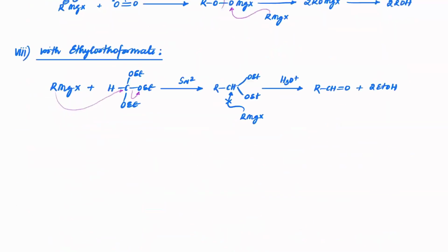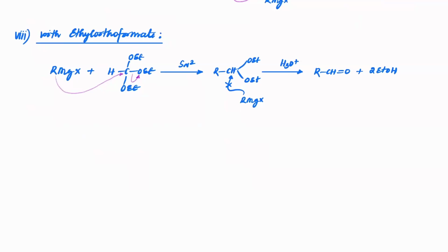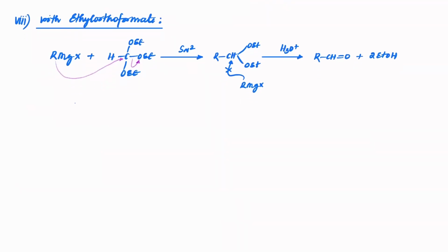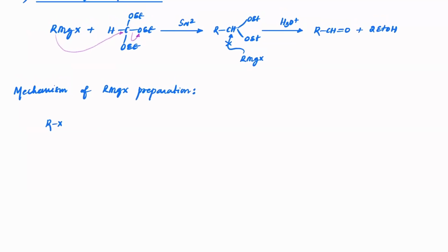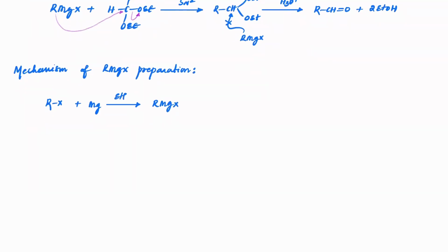Yeah. Now, usually when you make the preparation of Grignard's reagent, what is the mechanism that it goes through? Mechanism of RMgX preparation. So check out. If you have RX and react this with Mg, you will get RMgX in the presence of ether.